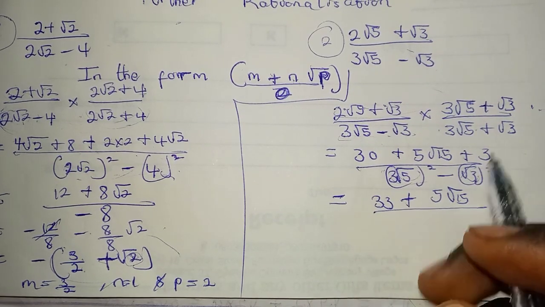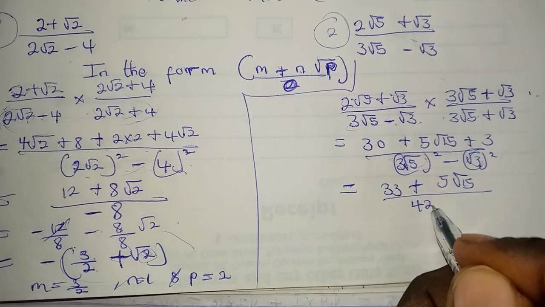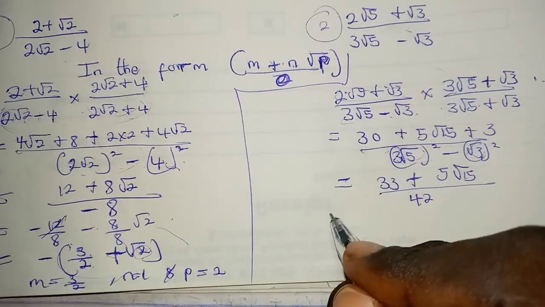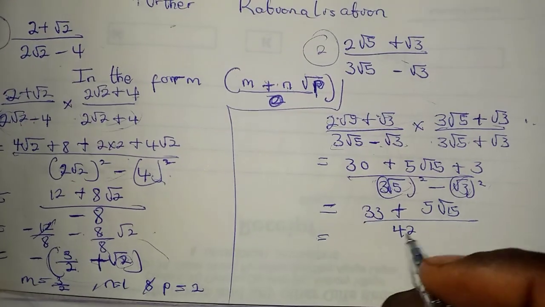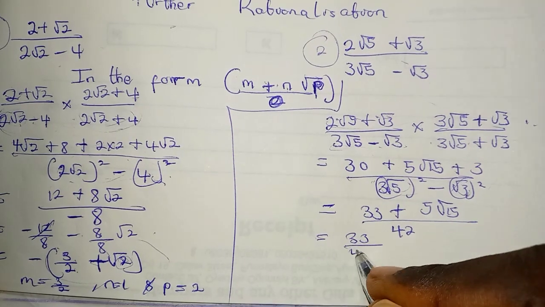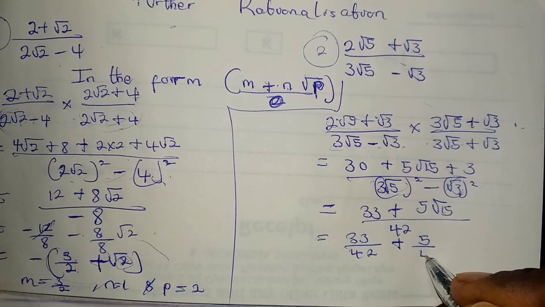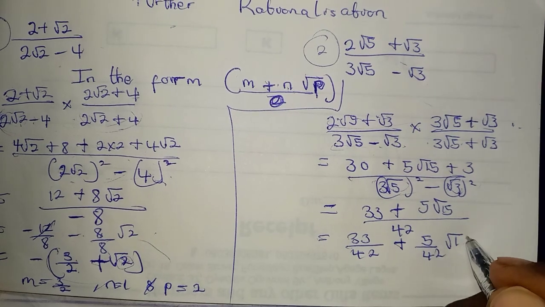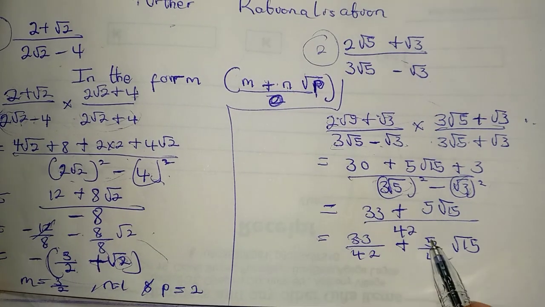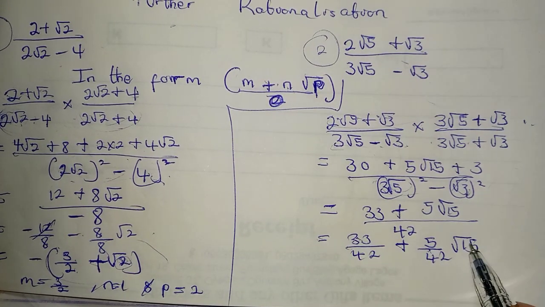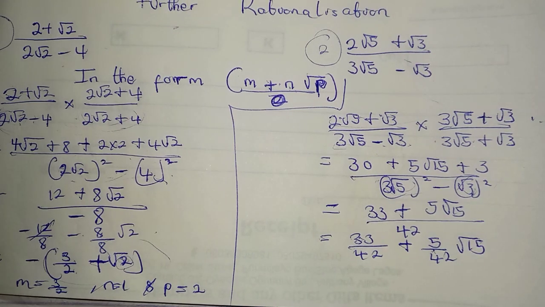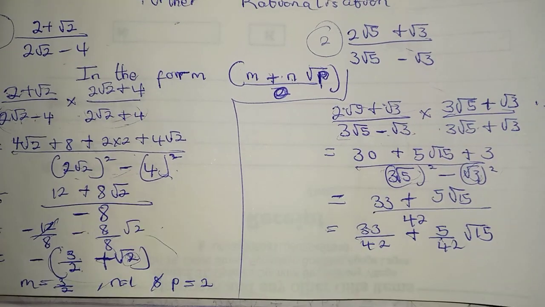And 45 minus 3 is 42. So leaving your answer in this form, we have 33 over 42 plus 5 over 42 root 15. This is the value for m, this is the value for n, and this is the value for p.